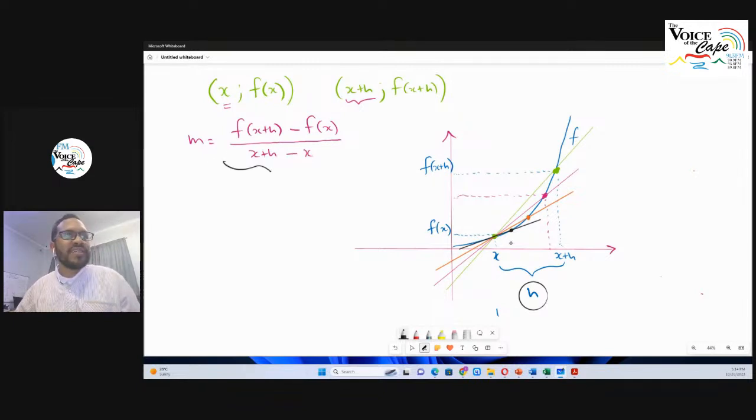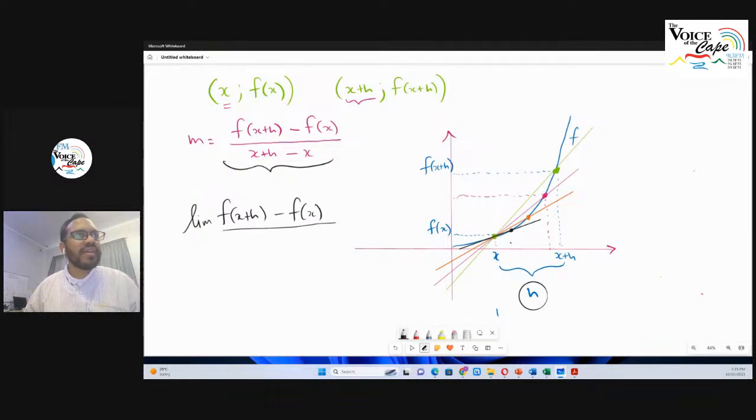So this here is the average gradient. But when I take the same thing over here and I introduce the word limit in front, and I say f of x plus h minus f of x divided by x plus h minus x, you see here, I'm only left with h.